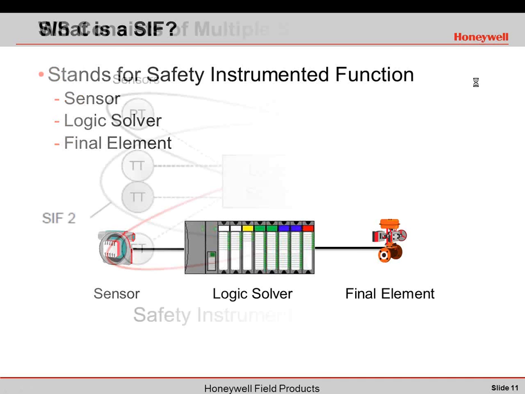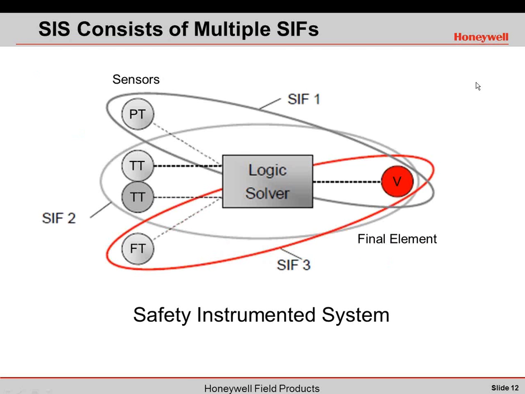So if we look at the safety instrumented system, it actually consists of multiple safety instrumented functions. In my case here, I have 3 individual SIFs in this one system. And you'll notice we have different sensors.